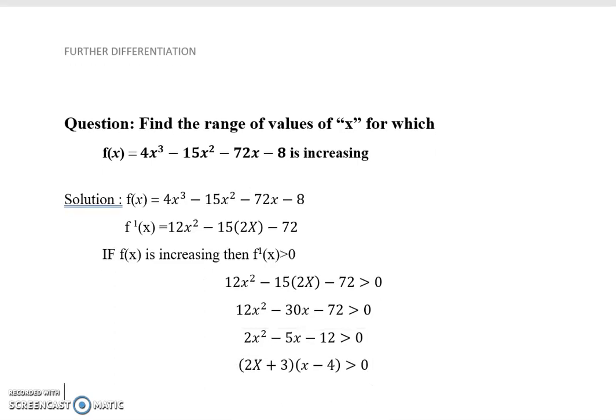If I basically solve this, I get the value of x as x equals minus 3 by 2, or x equals 4.